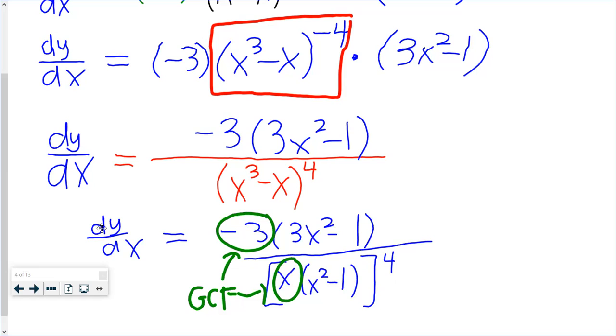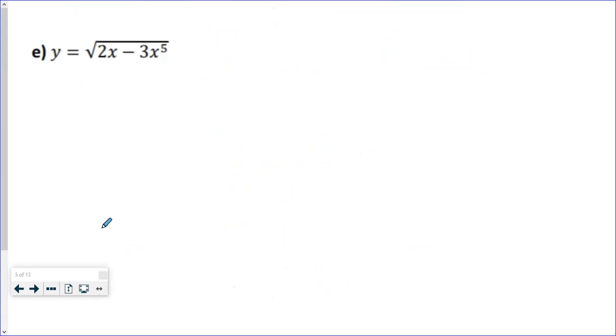So for the last two examples for today, I'm going to be doing a lot more examples on Monday for chain rule. I'm going to focus on square roots because that tends to give students quite a bit of trouble with derivatives, because you have to convert to rational powers, powers that are fractions.